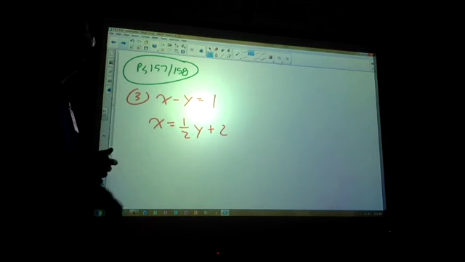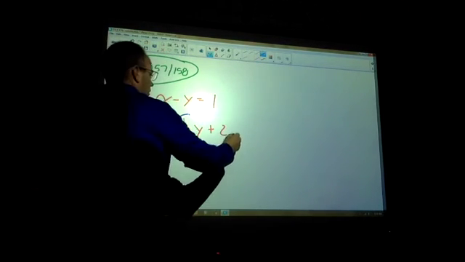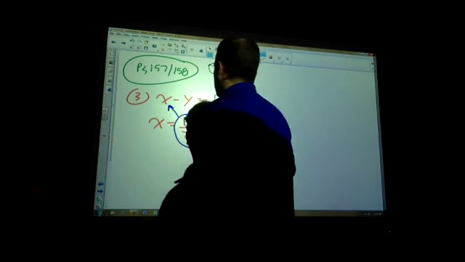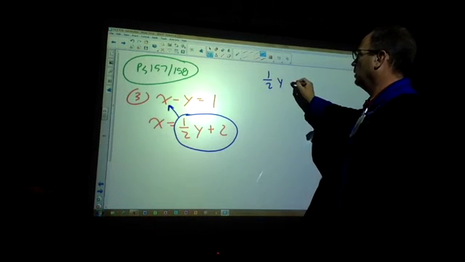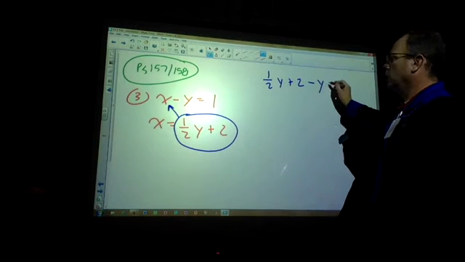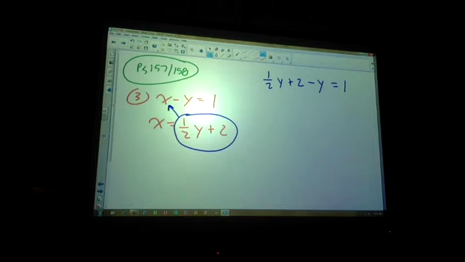The bottom is solved for x. Agreed? So I'm going to take this x equals value and plug it right in there. So I get 1/2 y plus 2, and then minus y equals 1. I don't really like fractions, so I'm going to multiply everything by 2 to get rid of all the fractions.